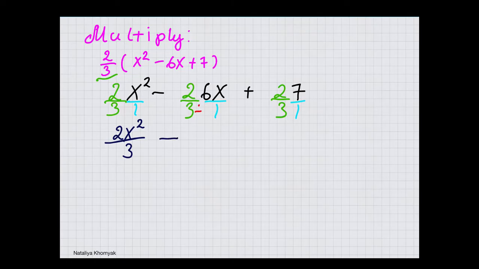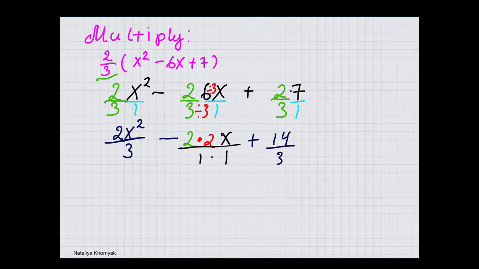in the second fraction, 3 can be reduced by 3 and 6 can be reduced by 3. So we have 2 times 2 out of the reducing times x out of 1 times 1 plus 2 times 7, 14 out of 3 times 1, 3.